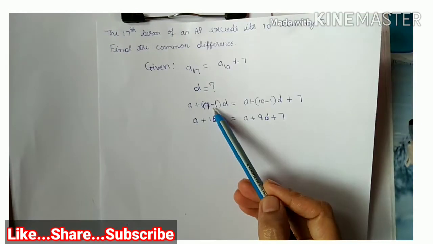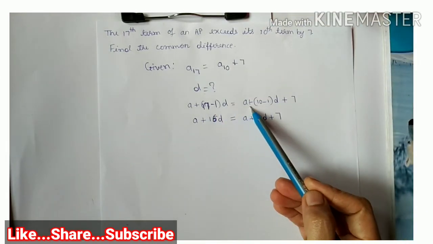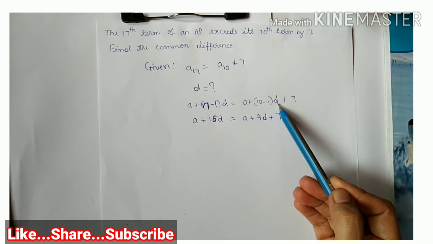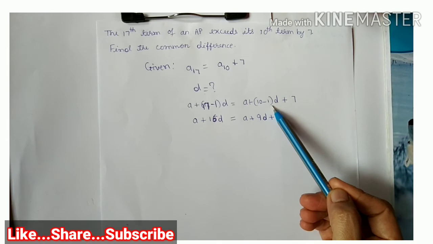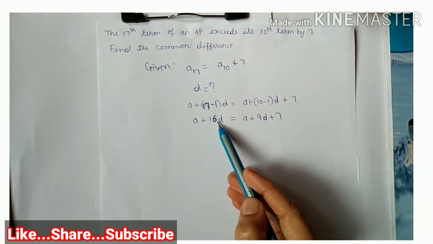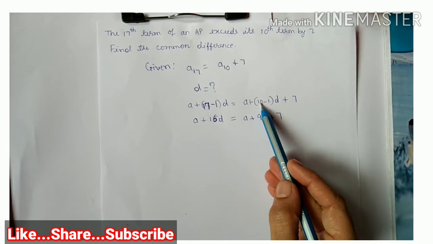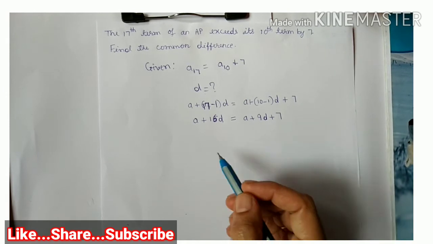a17 is equal to a10 + 7. In place of a10 we can write a + (10 - 1)d + 7. So a + 16d, since 17 minus 1 is 16, equals a + 9d + 7, since 10 minus 1 is 9.